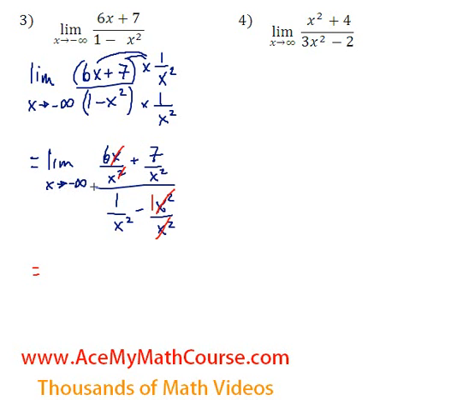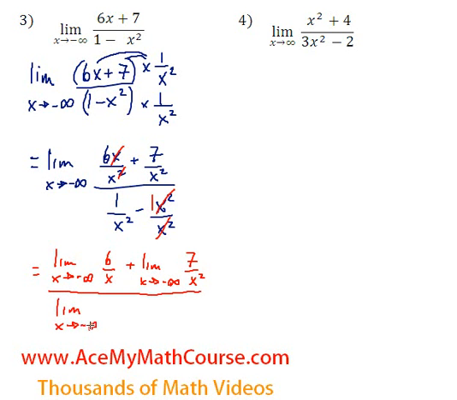Now it's also time for us to split up the limit according to limit laws. And here's what I'll do. I'll have the limit as x approaches negative infinity of 6 over x, plus the limit as x approaches negative infinity of 7 over x squared, all over the limit as x approaches negative infinity of 1 over x squared minus the limit as x approaches negative infinity of 1.